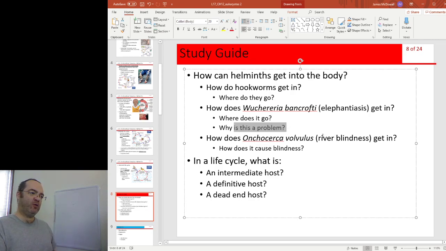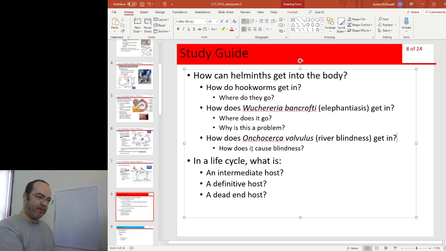Onchocerca volvulus, the one that causes river blindness, gets in by biting flies. River blindness because the flies are found along rivers. The infective stages in the bite of the fly get into your body.